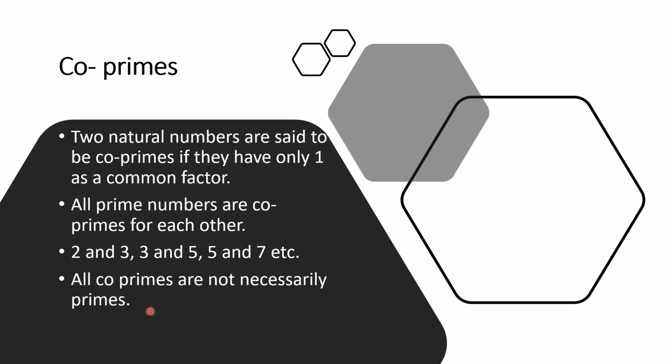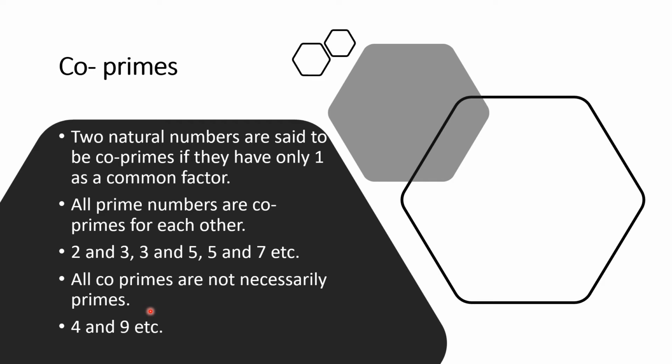Remember this thing. For example, 4 and 9. 4 is not a prime number. 4 has factors 1, 2, 4. 3 factors. So 4 is not a prime number. In a similar way, 9: the factors are 1, 3, 9. It means 9 is also not a prime number.